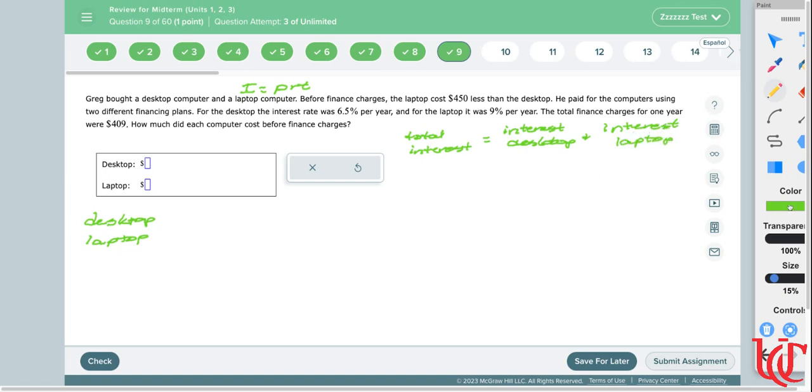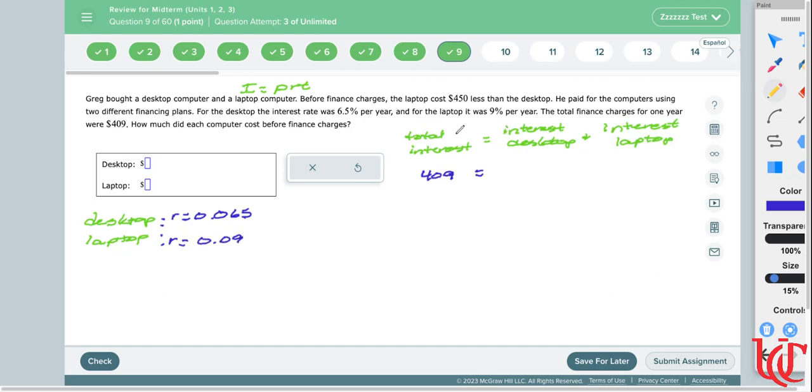And we do know that the total charges were $409. The rate for the desktop is 6.5%, so that's 0.065. The rate for the laptop is 9%, which is 0.09.